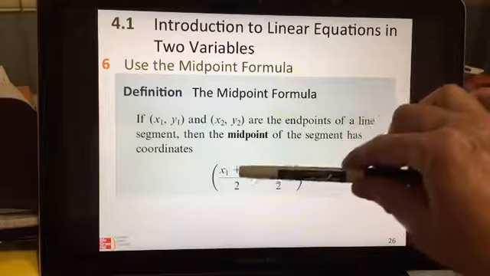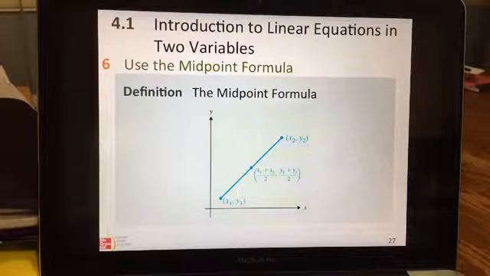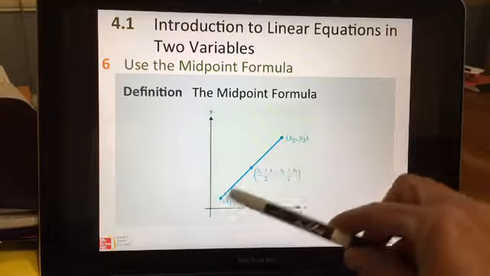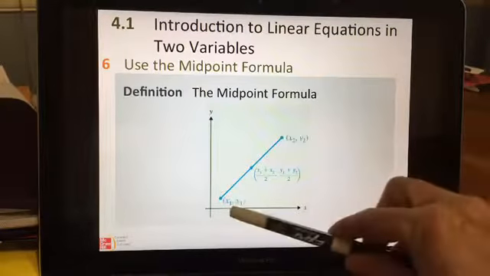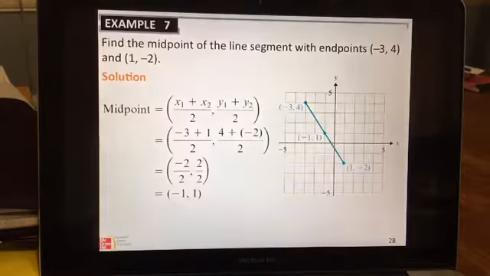So you add them together, divide by 2, add them together, divide by 2. That's all there is to it. Okay, the midpoint formula is here. They're showing you where the midpoint winds up, exactly halfway along the path of the line from the first point to the second point. It is what it says, a midpoint.